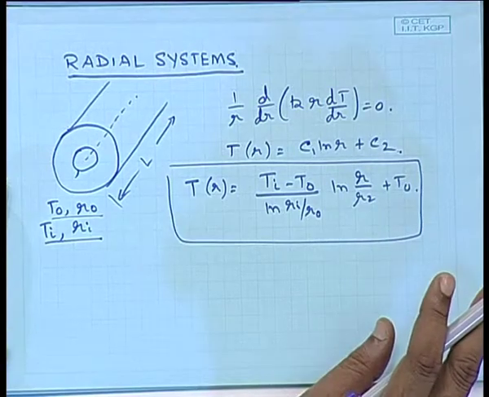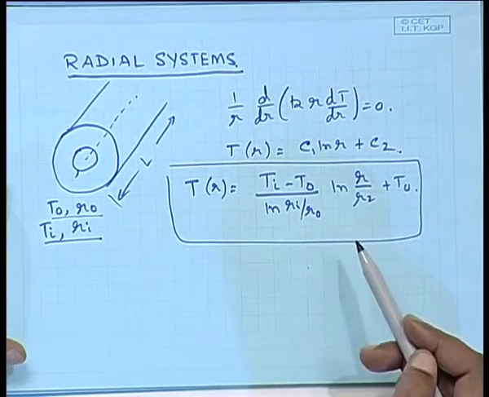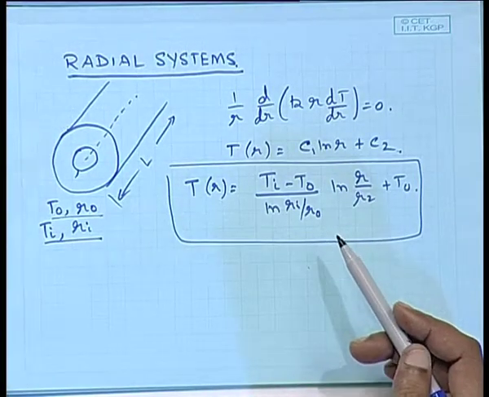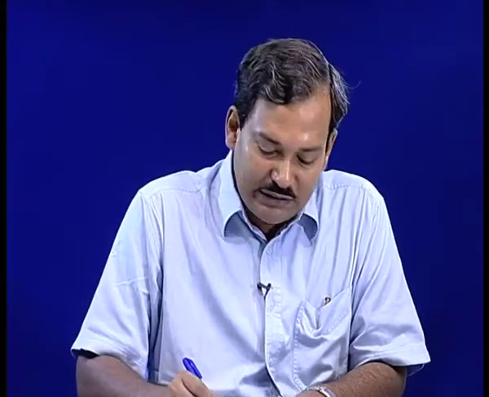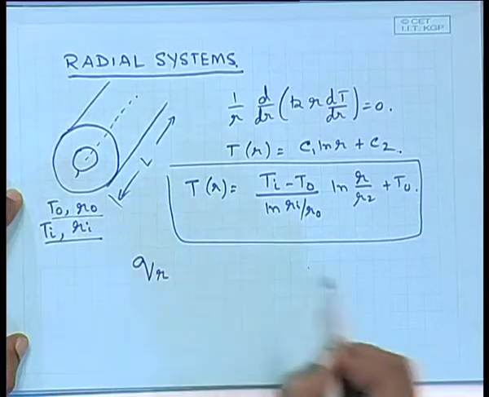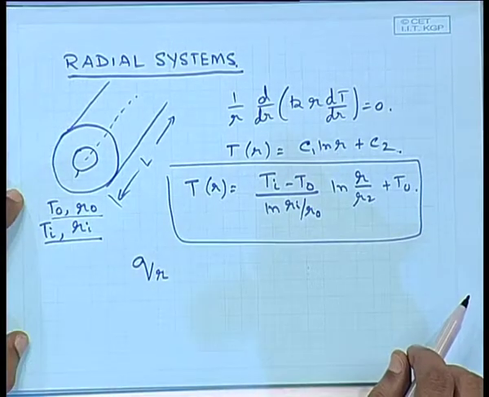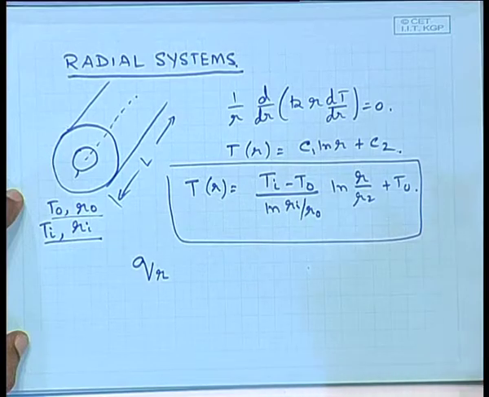Any question apart from the steps which you can figure out? Fine. Now, if this is the temperature distribution, what you can also find out is, using Fourier's law, the heat, q_r, the radial heat. Should I repeat anything here? So is that R2 or not R1?